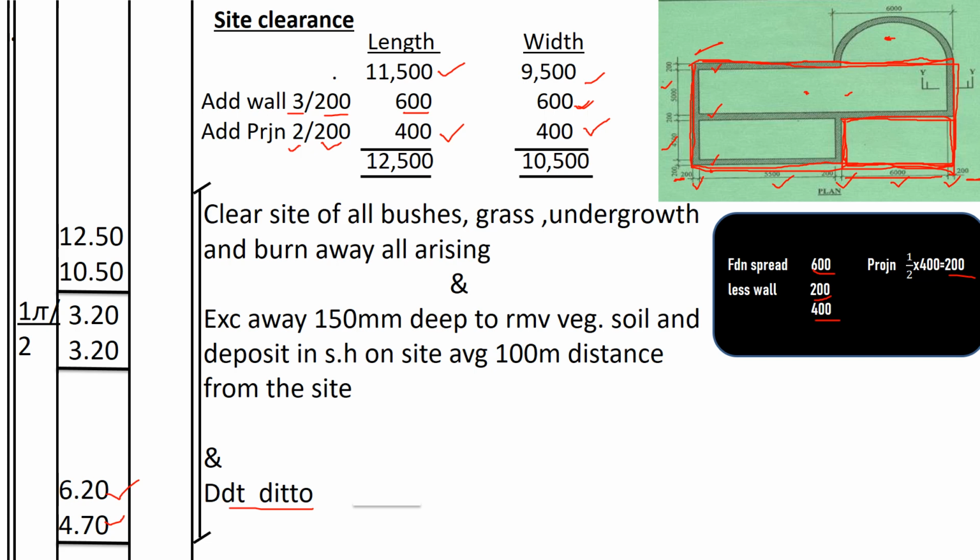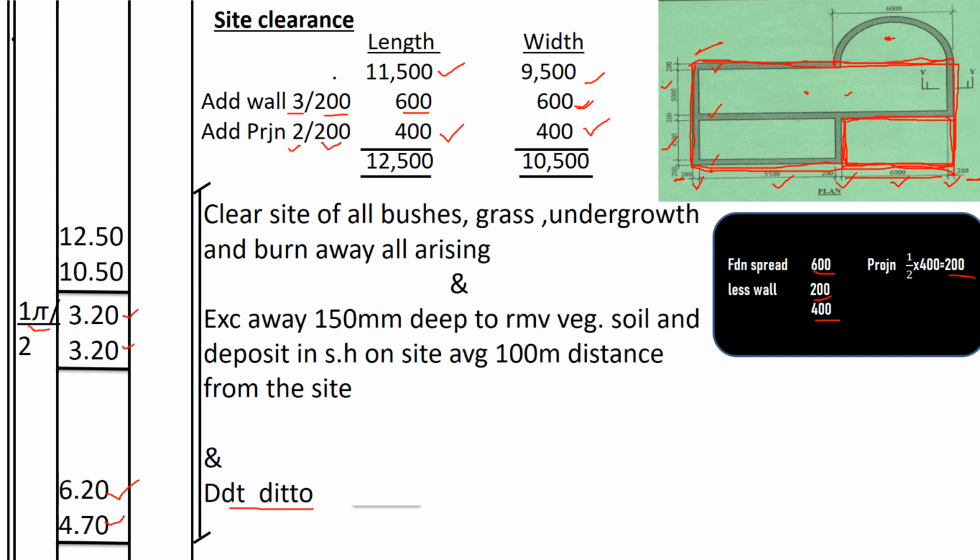So we shall put half pi in the times column here, then r squared here. So what is the radius? If the diameter is 6000 and we haven't added projection on both sides, because if it's up to here 6000, then we shall be having a projection.